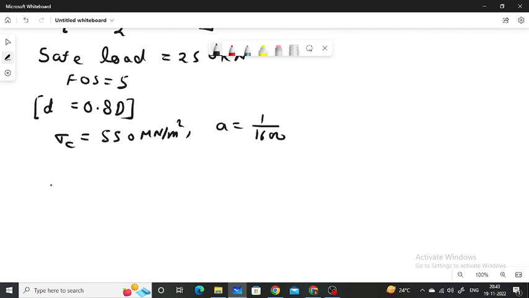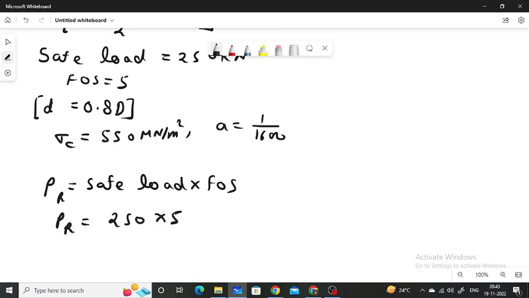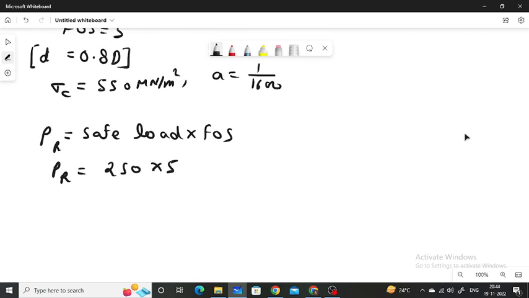Now, crippling load by the Rankine formula is equal to the safe load into factor of safety. So it will be 250 kilonewton into 5, which is 1250 kilonewtons.